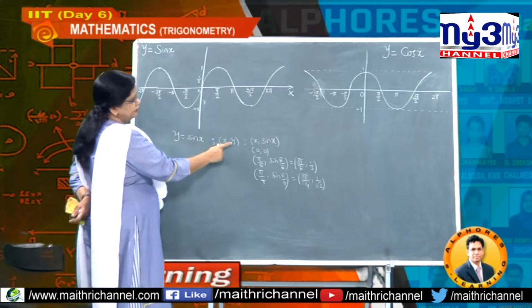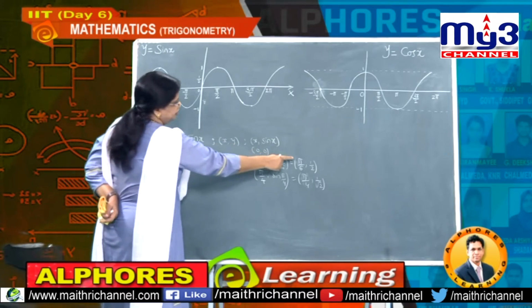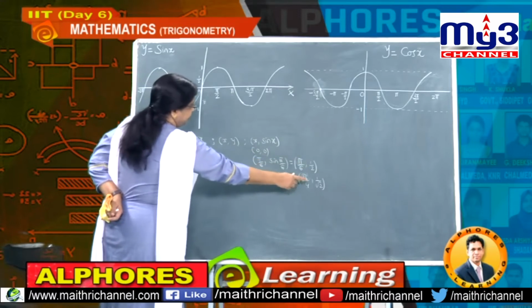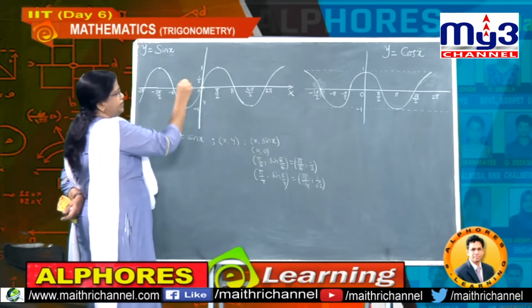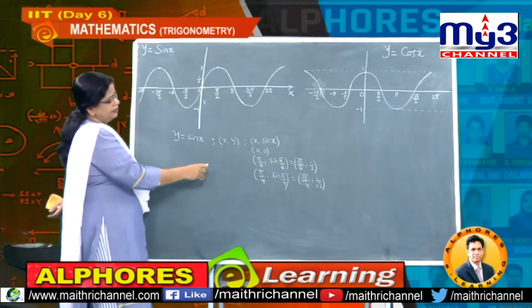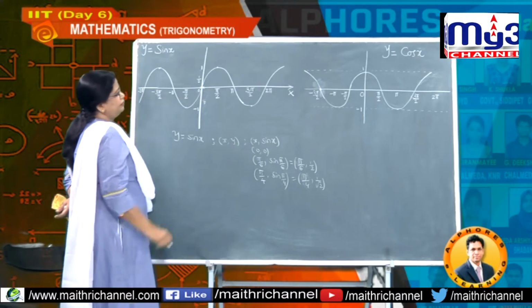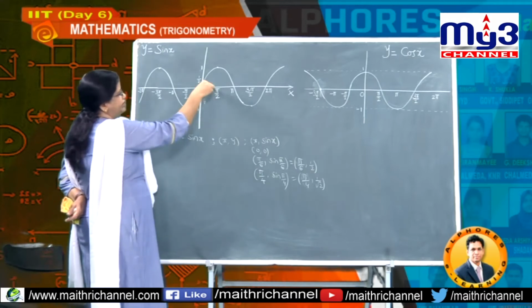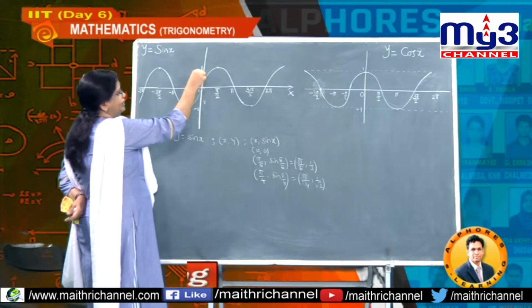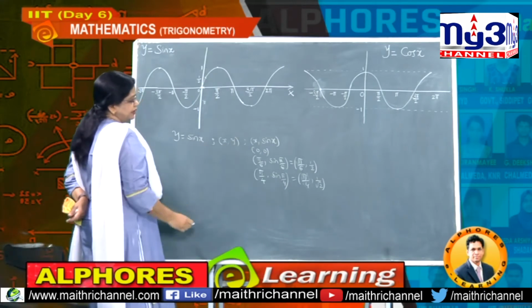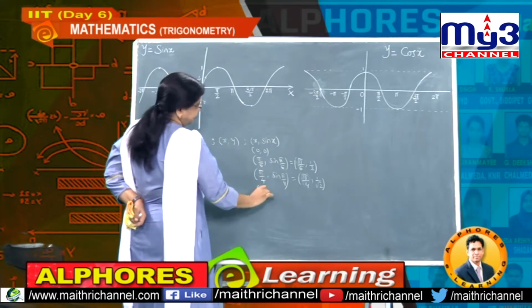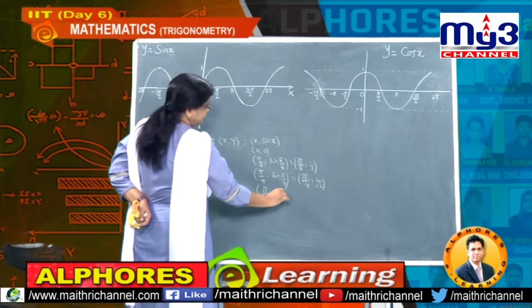Now like this if you take values 0, 0, pi by 6 1 by 2, pi by 4 1 by root 2, like that, and if I start here this is 0 comma 0, and then pi by 6 comma 1 by 2, 30 degrees suppose if I take 30 degrees comma this is 1 by 2, and if I take suppose pi by 2, x value if I take pi by 2, then correspondingly y value how much?